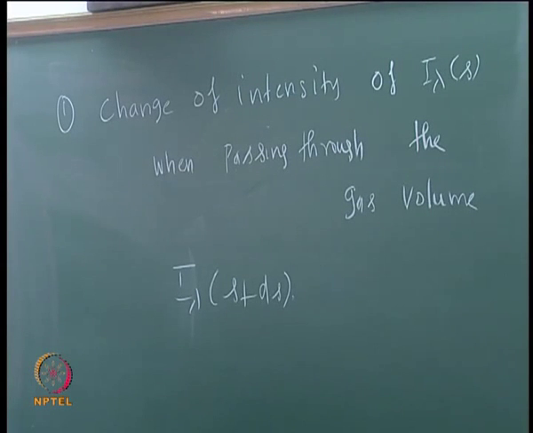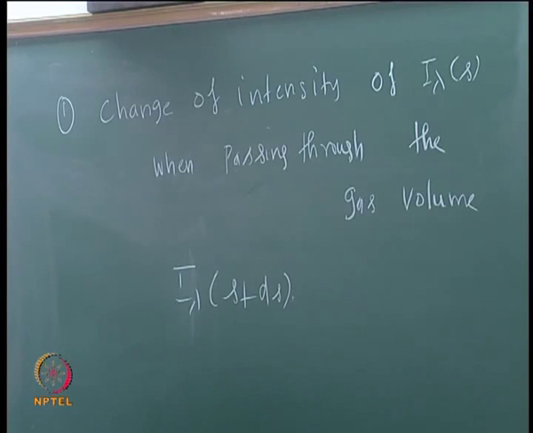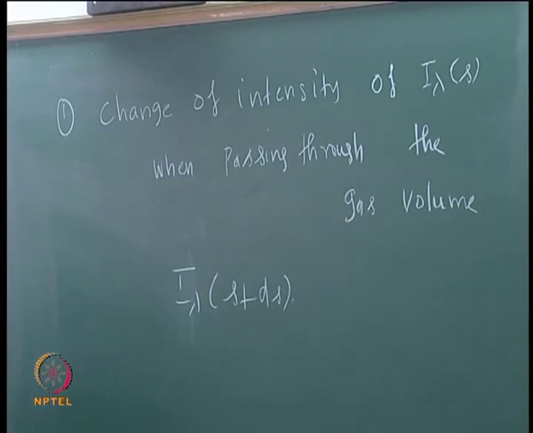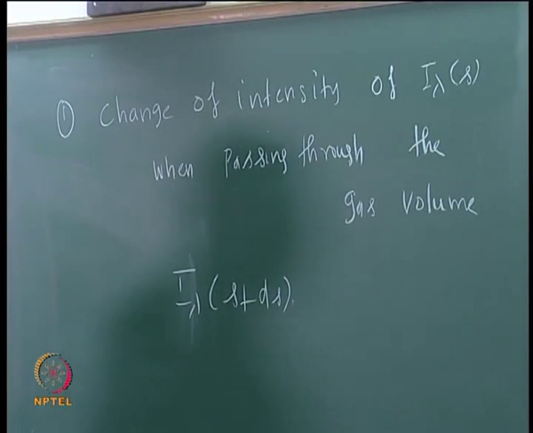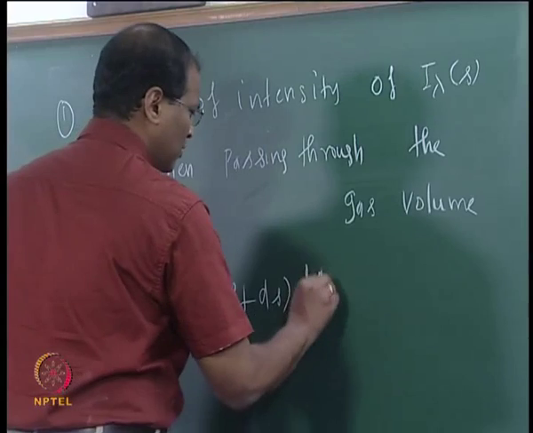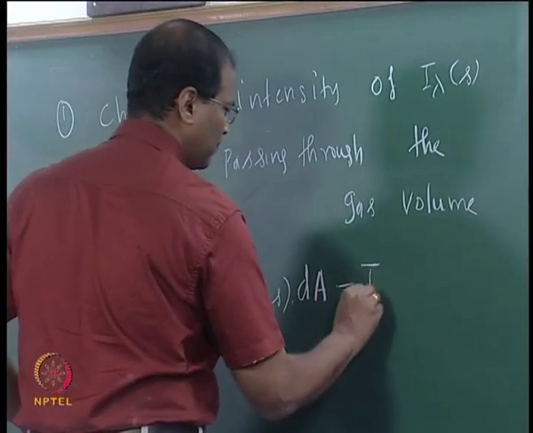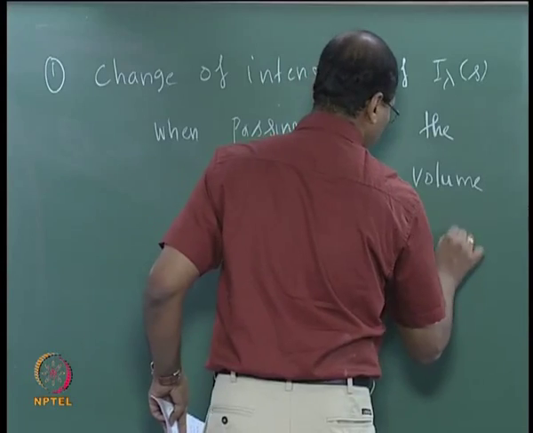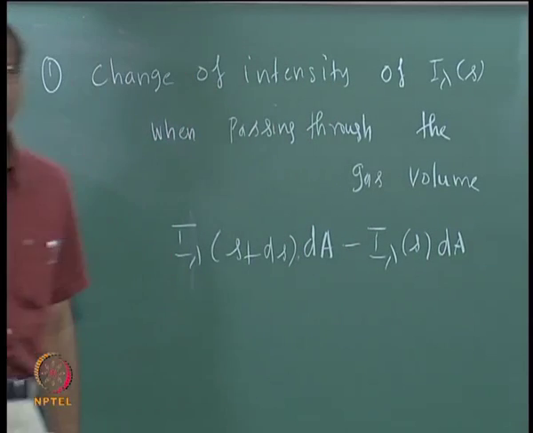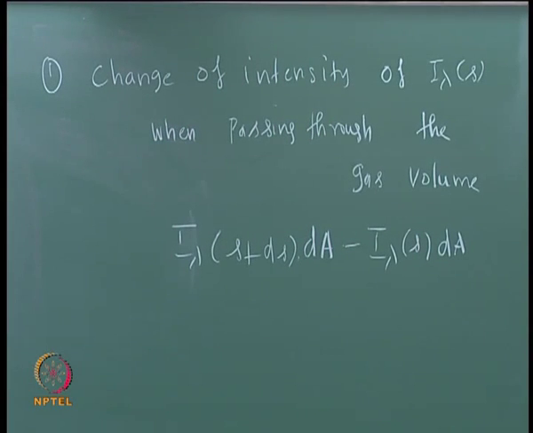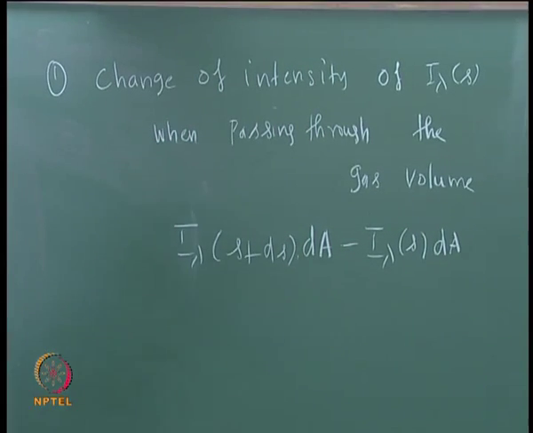I lambda has the units of power per area, so we have to multiply by dA, do not multiply by dA ds, okay, dA, minus, correct, what is going out minus what is coming in.